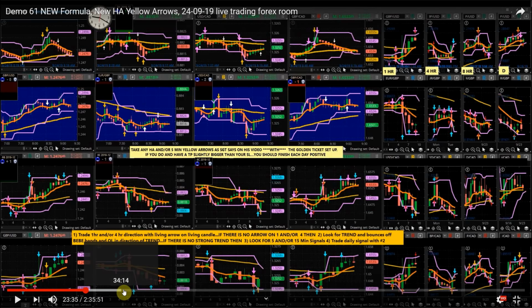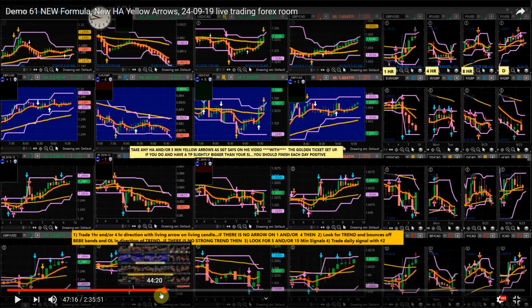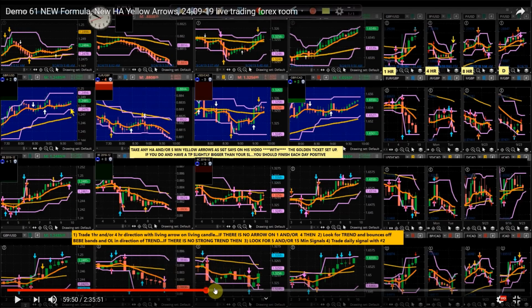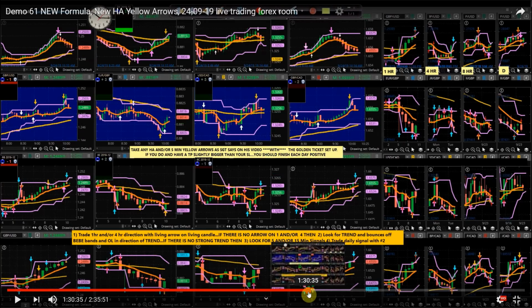Now the thing about this trade here is that it went to 57. So if I got 47 or 48, there goes my 10 pips. Now it actually goes down, goes 59, and it comes back down.